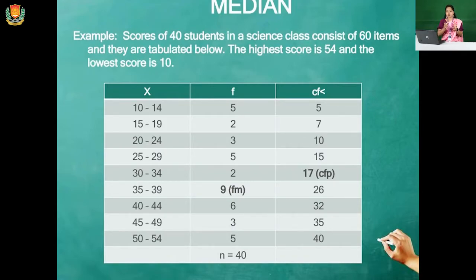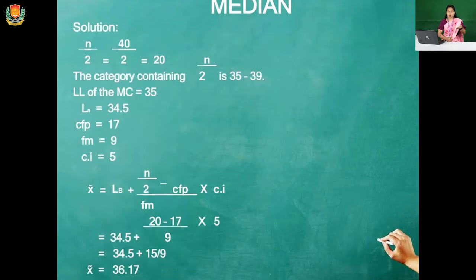That means 35 to 39 is our current class, okay. So whatever class we are in, the cumulative frequency we pick will be from the preceding one. So that will be from 30 to 34, that will be 17, right?